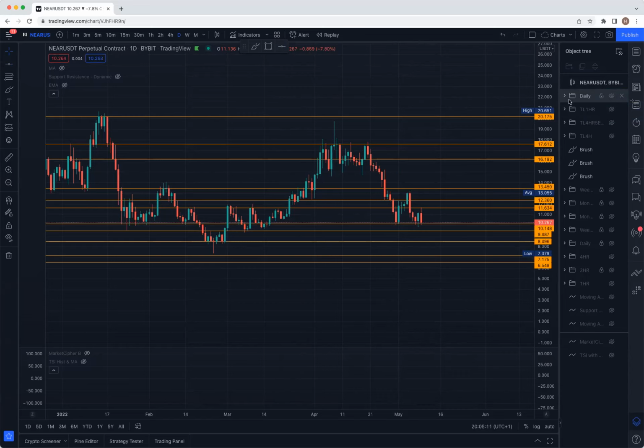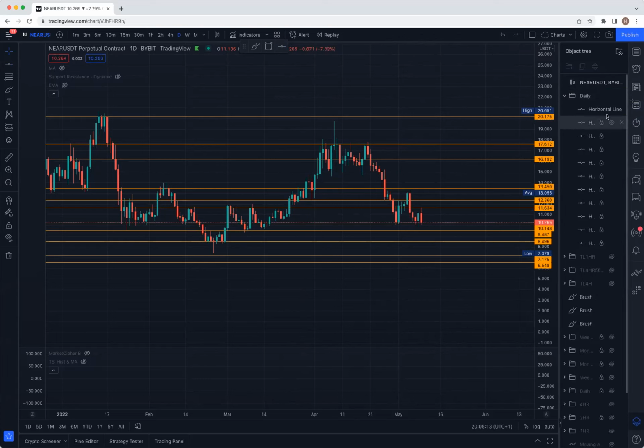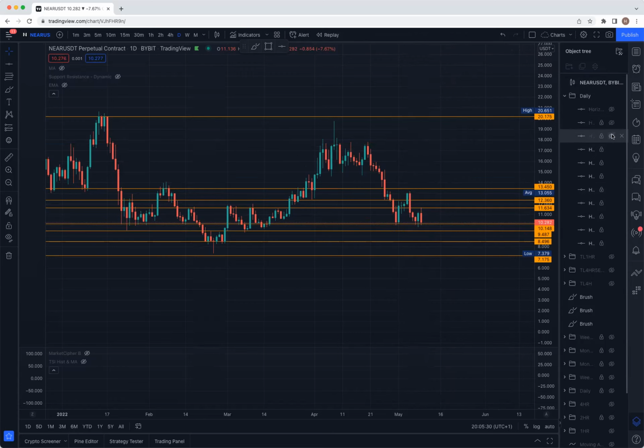So now when I open it, every one of them comes up and it gets locked. Now, the other thing is, imagine you want to hide some of these lines and leave the ones which are around where the price action is. You can go through each of them and then you can just close them as you wish. This one you want back.